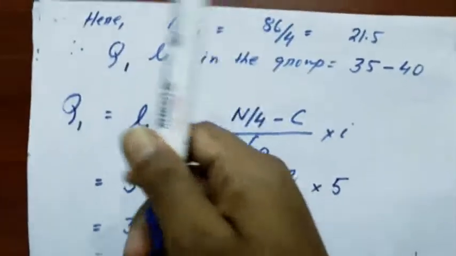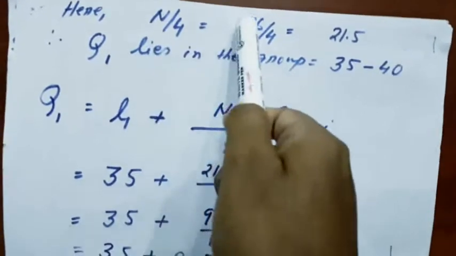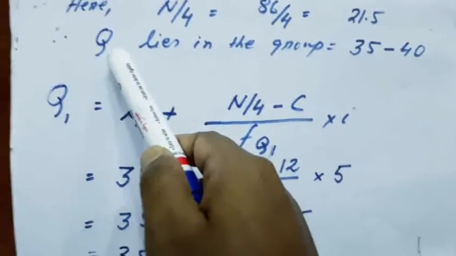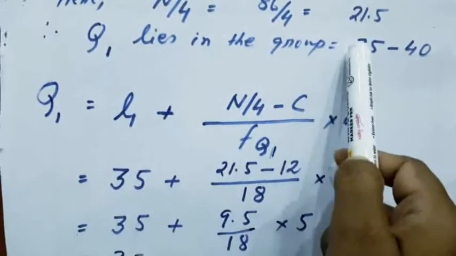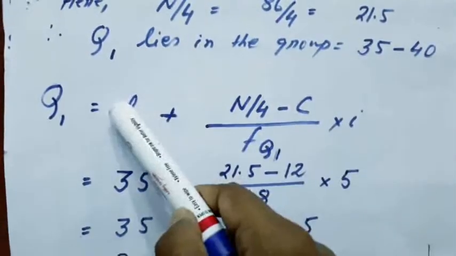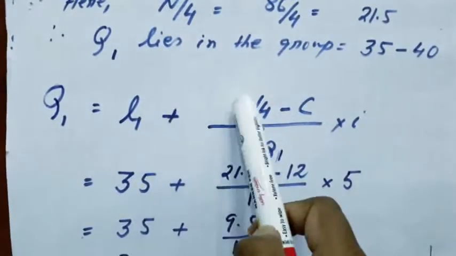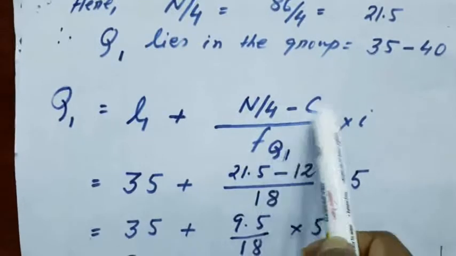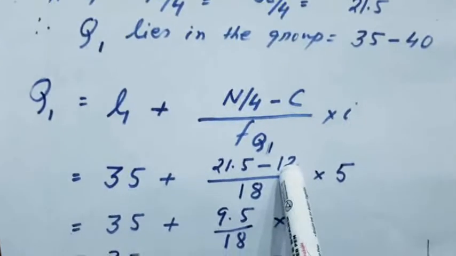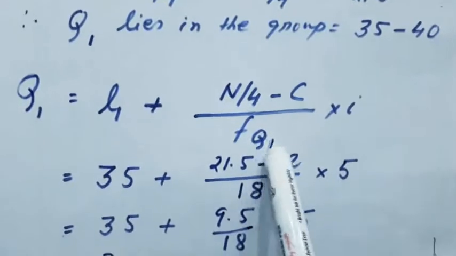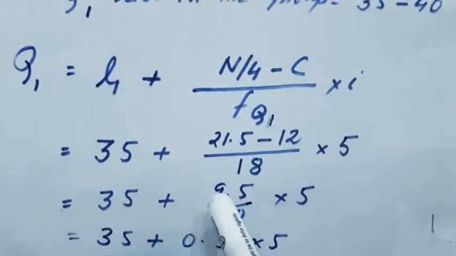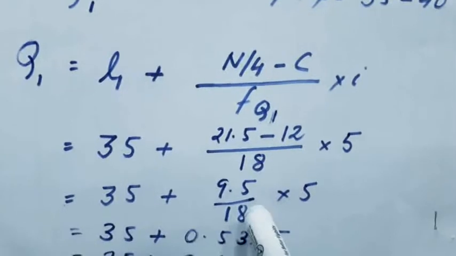Now what was n by 4? N was 86. 86 by 4 is 21.5. So the first quartile class lies in the group of 35 to 40. L1 is 35. n by 4 is 21.5. C was 12. I is 5. FQ1 was 18. It is 9.5 into 5 by 18.